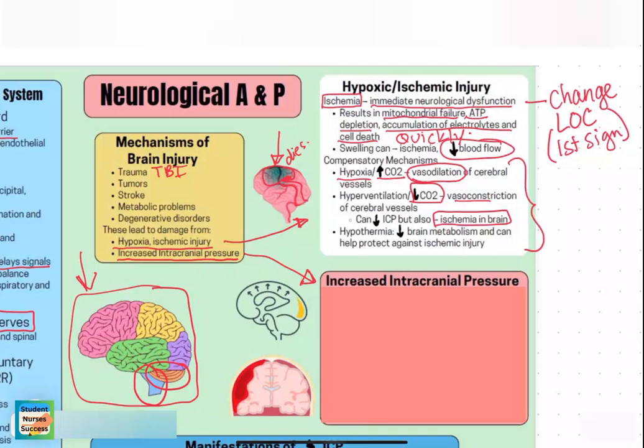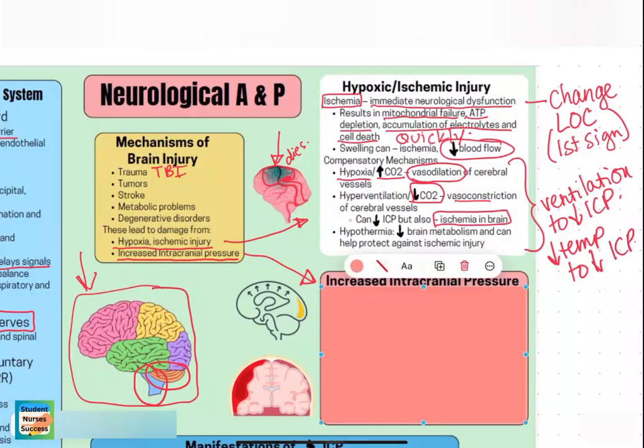We also know hypothermia decreases brain metabolism, slows down brain functions, and can conserve some oxygen. And that can be protective against ischemic injury as well. So sometimes we can use ventilation to decrease intracranial pressure in the brain. Or we can use decreased temperatures or hypothermia to decrease intracranial pressure in the brain as well.